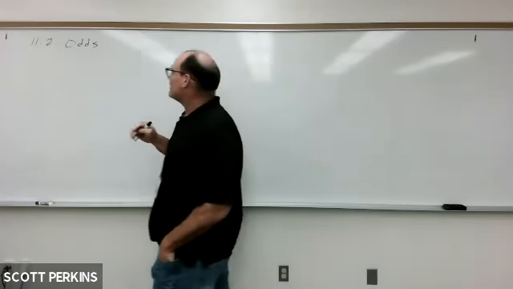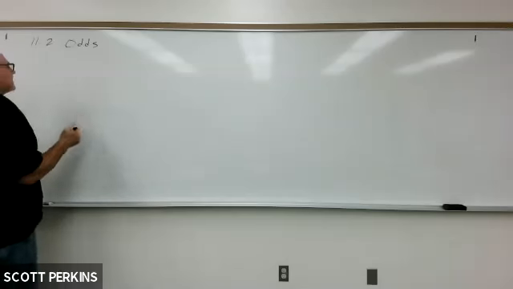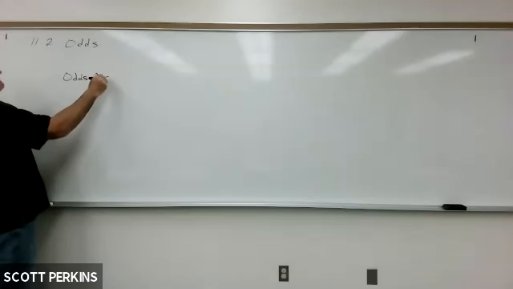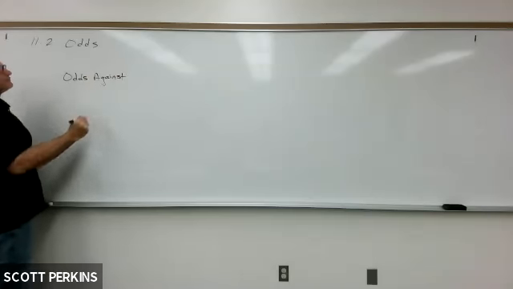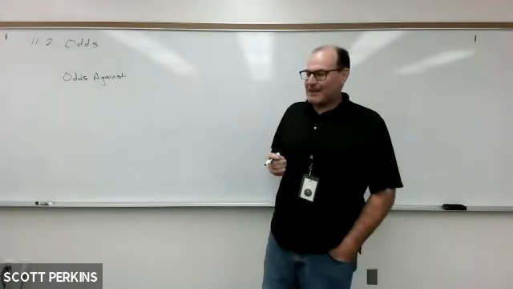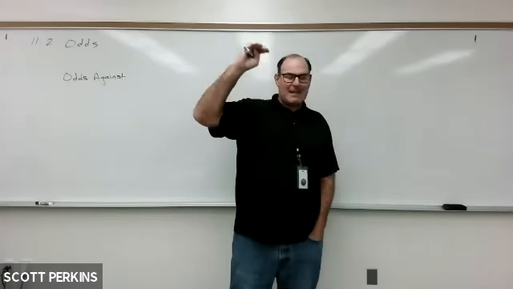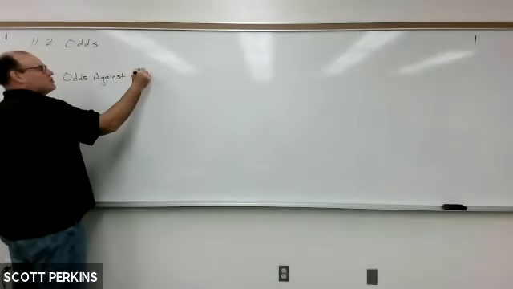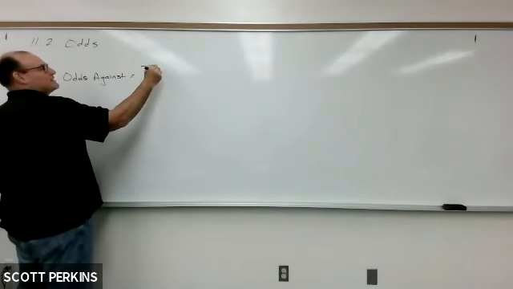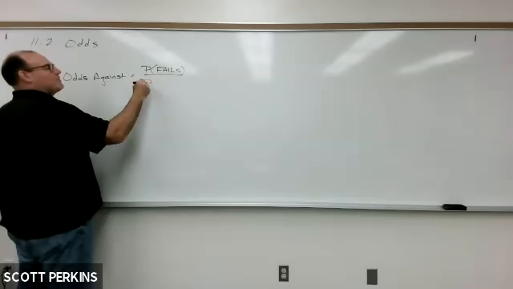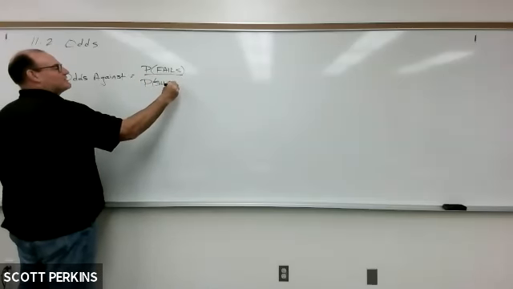So odds, there are 2 types of odds ratios. There are the odds against something happening. So instead of the ratio of successes to total, the odds against is the ratio of the probability that something fails to happen divided by the probability that you have success.